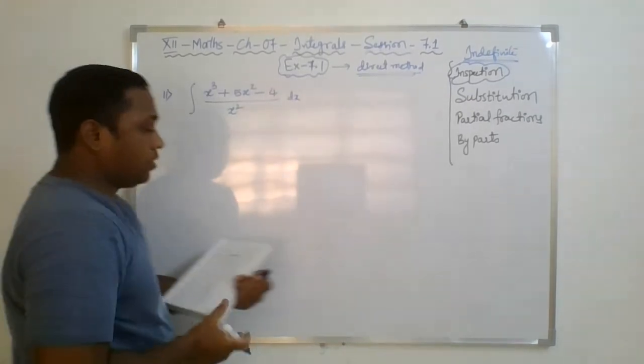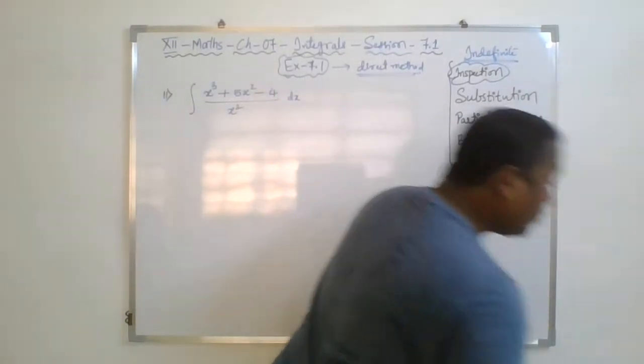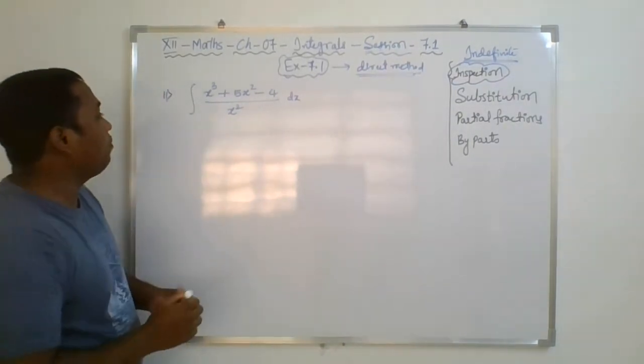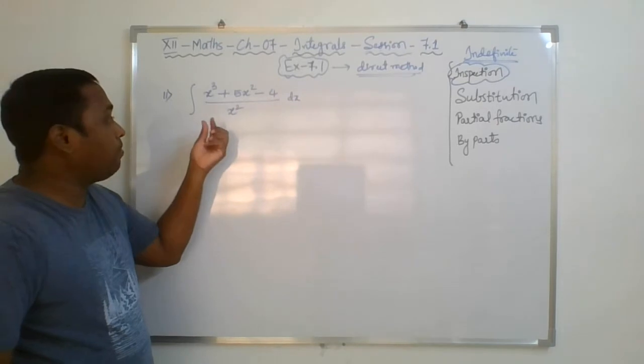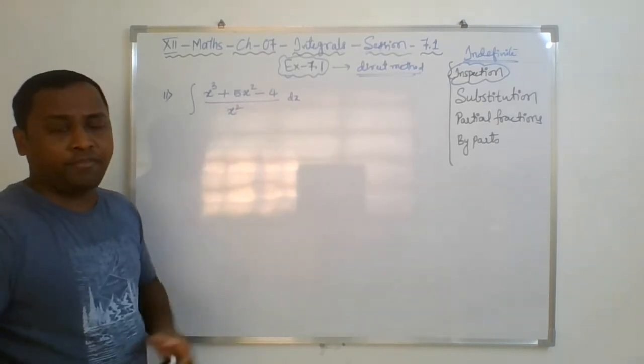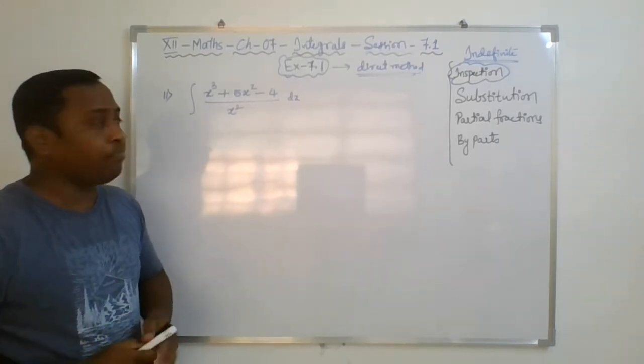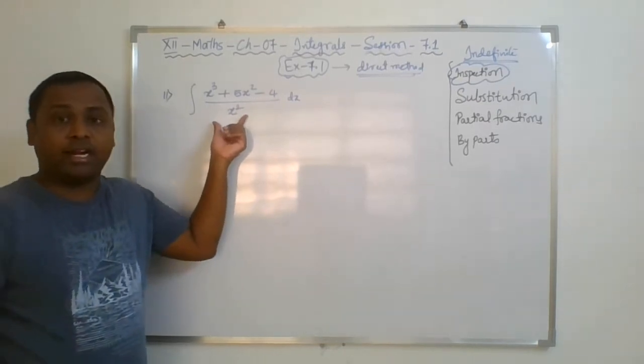So this is the question. Now, what I'm saying here, you cannot find directly, but by doing some small modification, with the general techniques, since it's a monomial, it is possible.